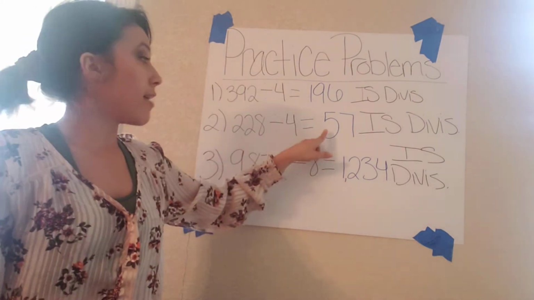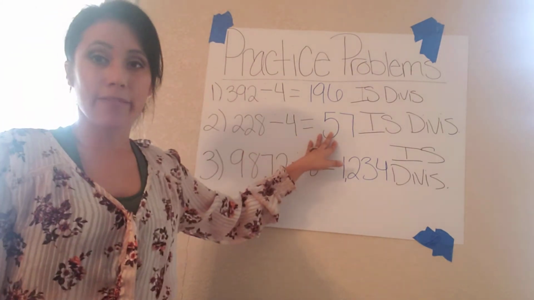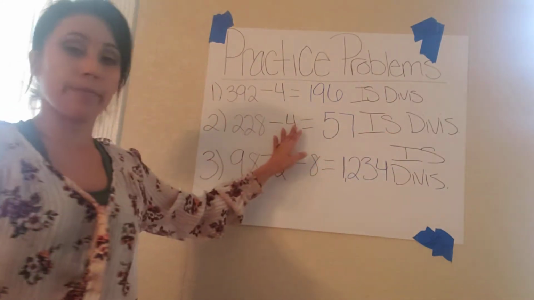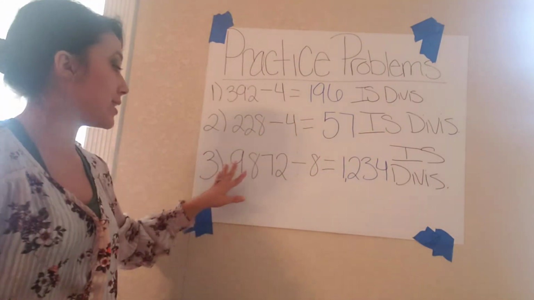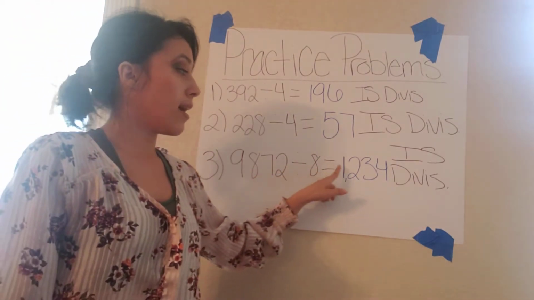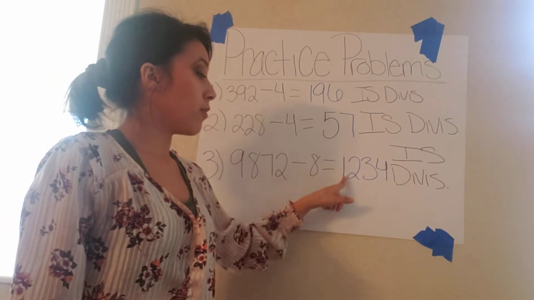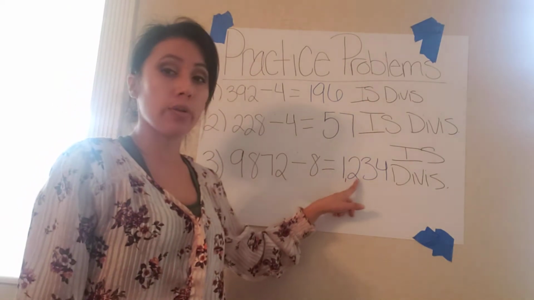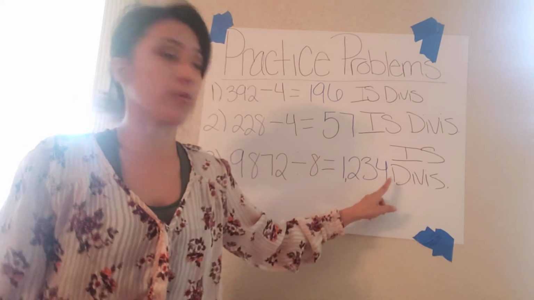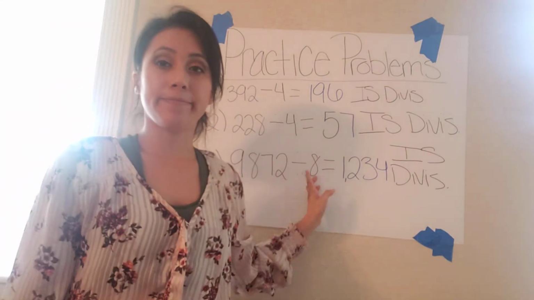That group said that the answer was 57, and another group said it is divisible by 4. And the last problem is 9,872 divided by 8. And that group said the answer is 1,234. And they said it is divisible by 8.